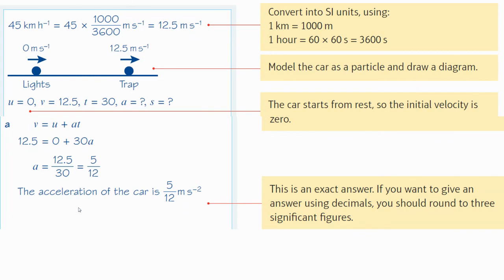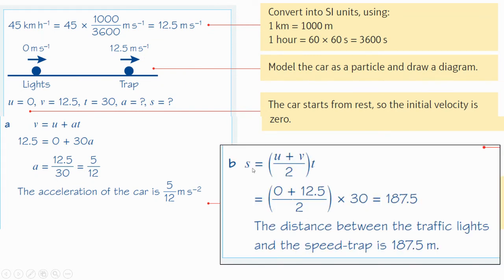And if you use this number in a later calculation, use the exact version, because if you round it and then use a rounded value later on, it will cause rounding errors as you go along. So the next thing is asking the distance between them. So if we look at the other formula we're practicing at this point, put in the numbers. We know u is 0, we know that v is 12.5, we know that t is 30, so 187.5 meters. And that's how to use these couple of equations.